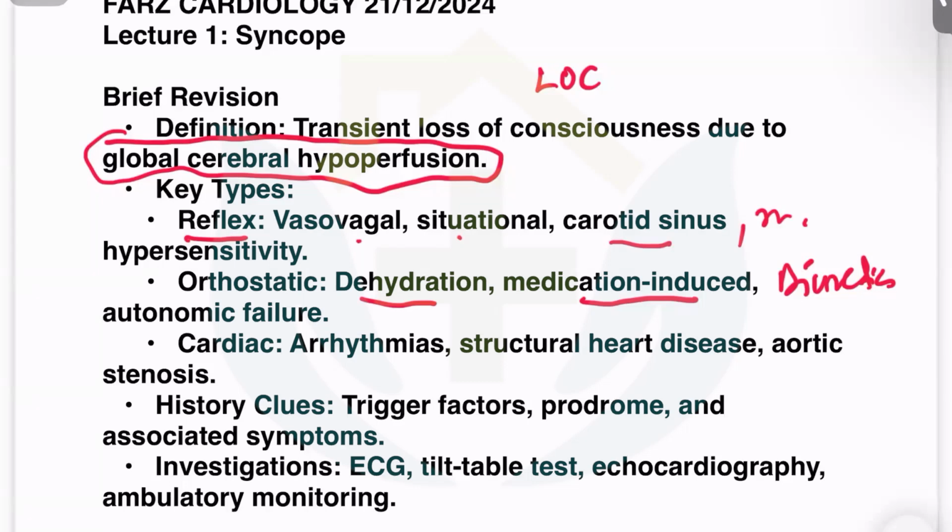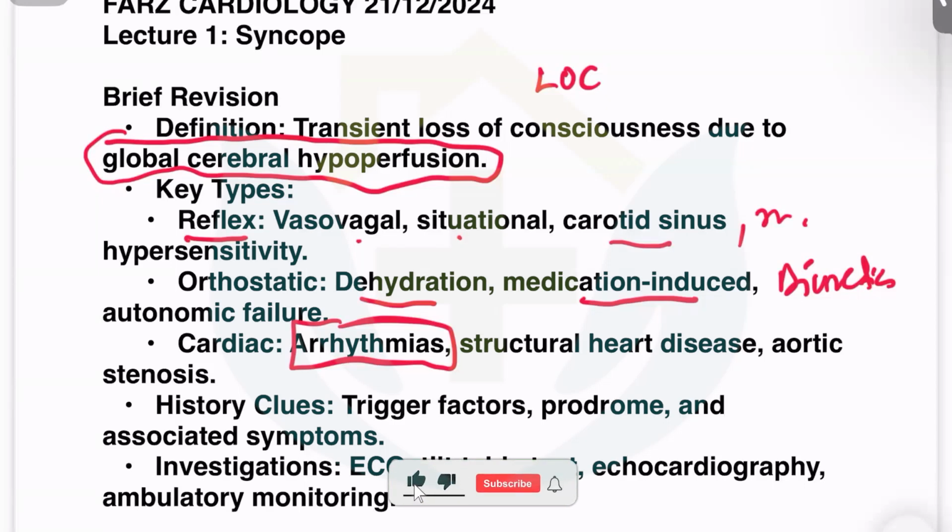As far as cardiac is concerned, it is mainly due to, number one, arrhythmias. Which arrhythmias? Syncope will happen in a normal structural heart with ventricular tachycardia and ventricular fibrillation. Although atrial fibrillation and atrial flutter can also cause syncope, it is only if there is a poor LV function.